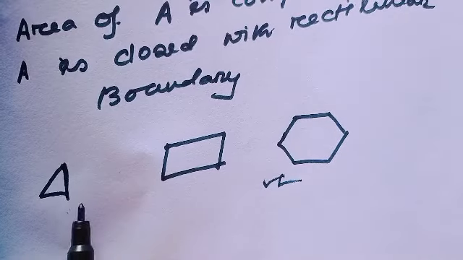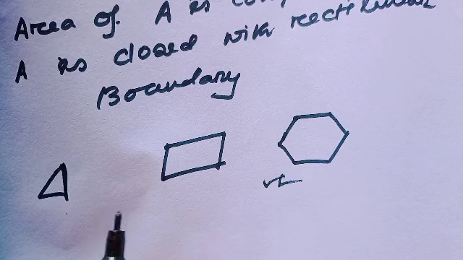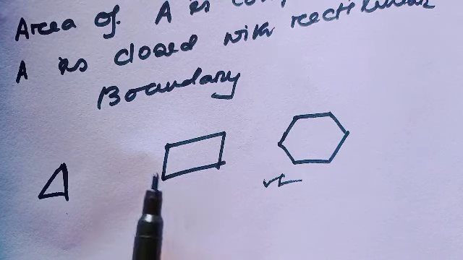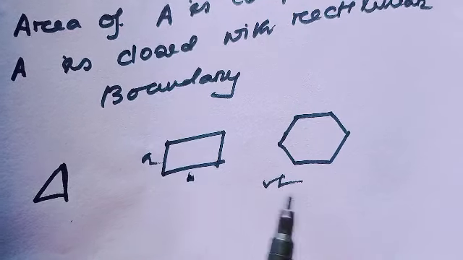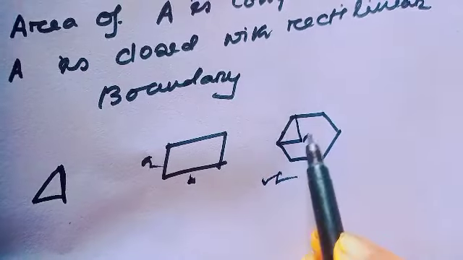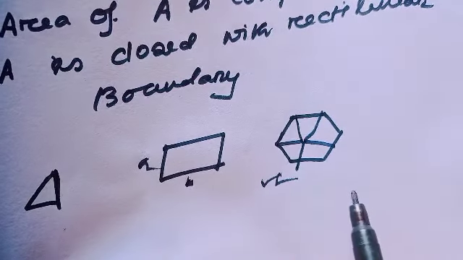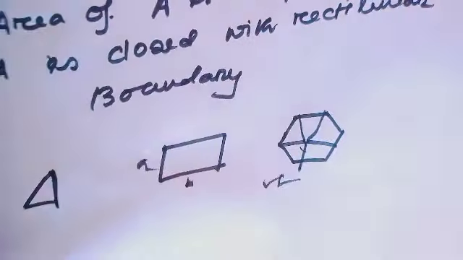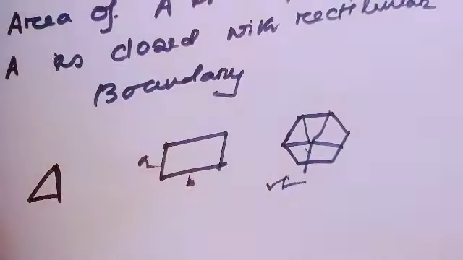We all know the area of a triangle is half base into height and of a rectangle is base and breadth, and in this picture I can draw many triangles. So this is the area of this picture.